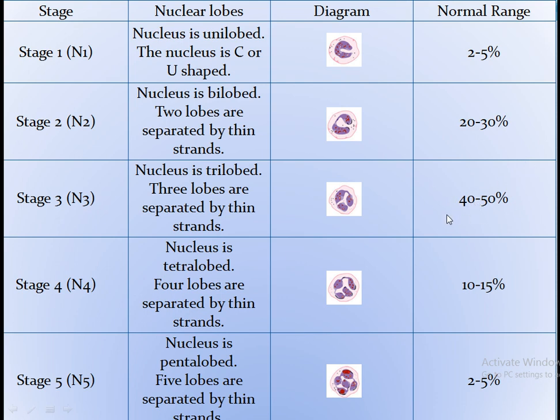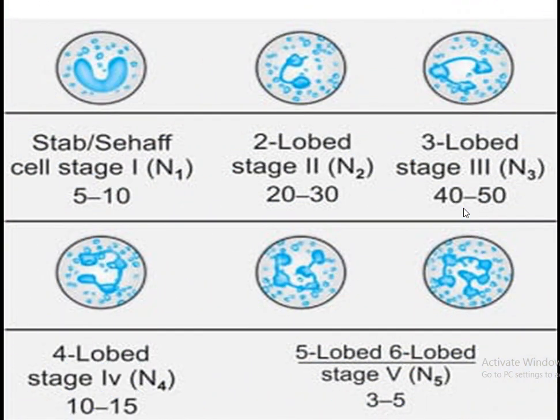But if it becomes most abundant or it decreases, that is going to show the disease process. That makes the difference. Again, in another diagram, I am going to show you clearly the number of lobes and developmental stages of the neutrophil.